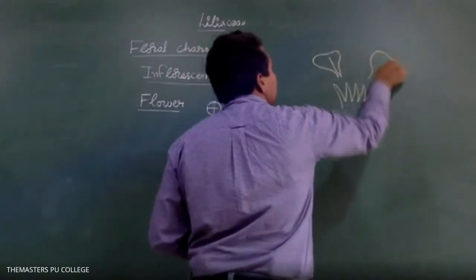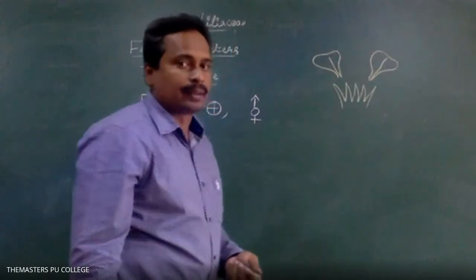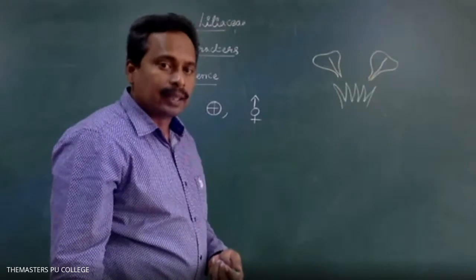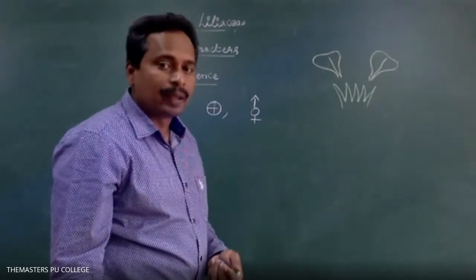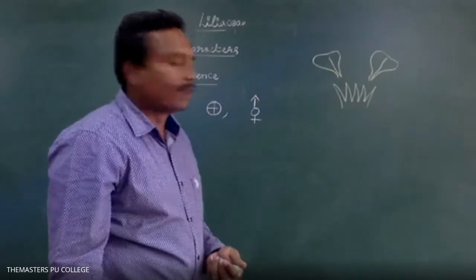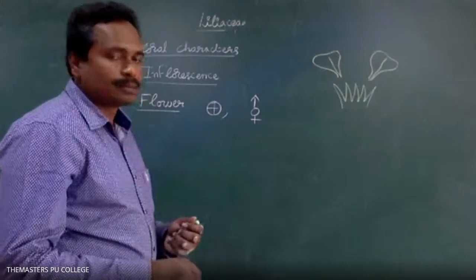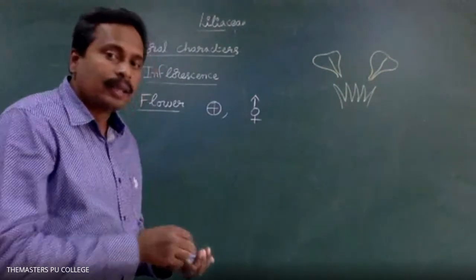Calyx appears in one color and corolla in another color. Very good. If the non-essential organs do not differentiate, they are known as the perianth.